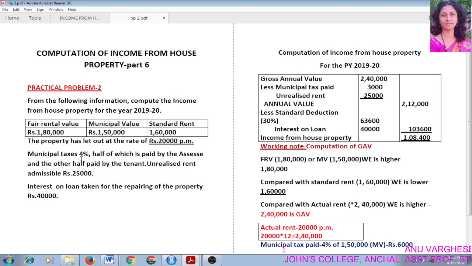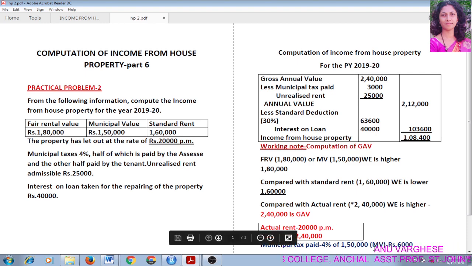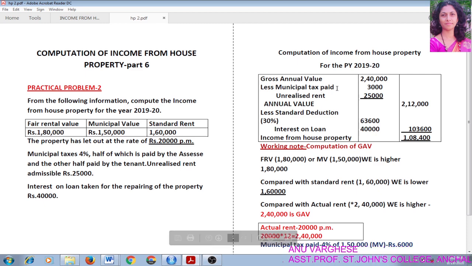So 4% of municipal value is rupees 6,000. So this is the total municipal tax. But the owner paid only half the amount of the total municipal tax. So half the amount of municipal tax is 3,000. So less municipal tax paid, that means the portion paid by the owner, that is 3,000. So you can write 3,000.